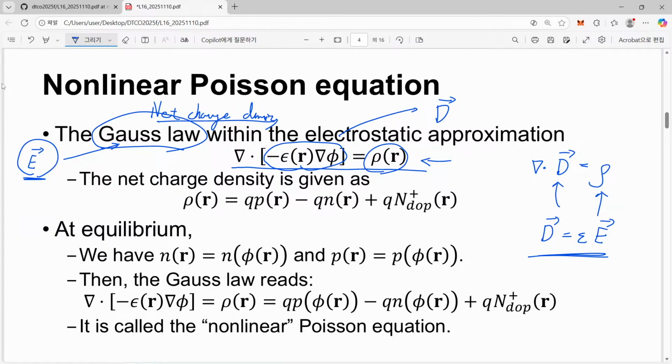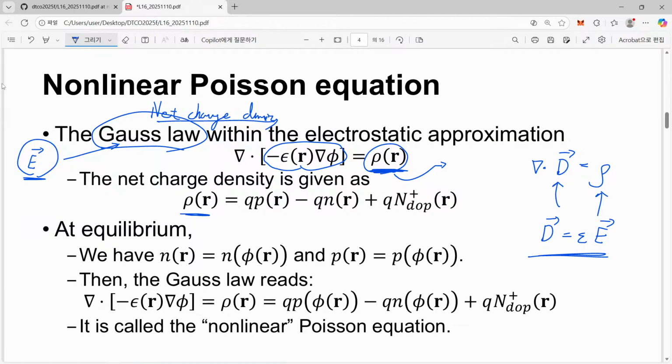So now let me apply this expression to our specific case of semiconductor devices. Within semiconductor devices, we can think about how we can have this net charge density. If we are considering different systems, we may have different expressions for net charge density.